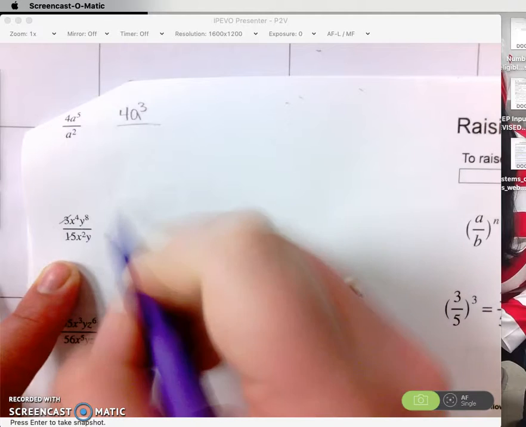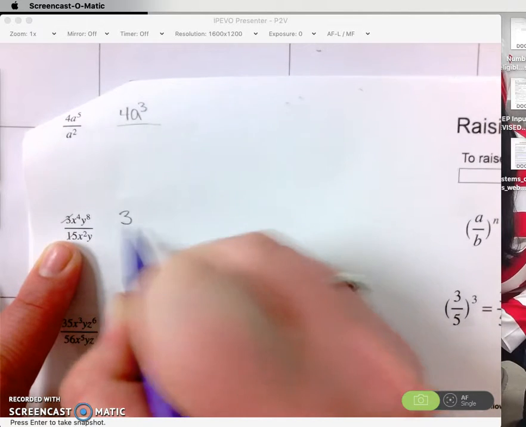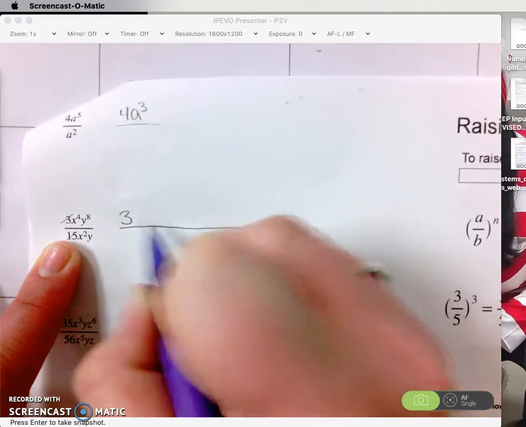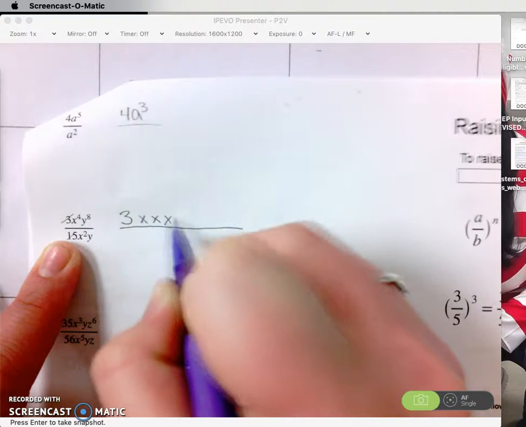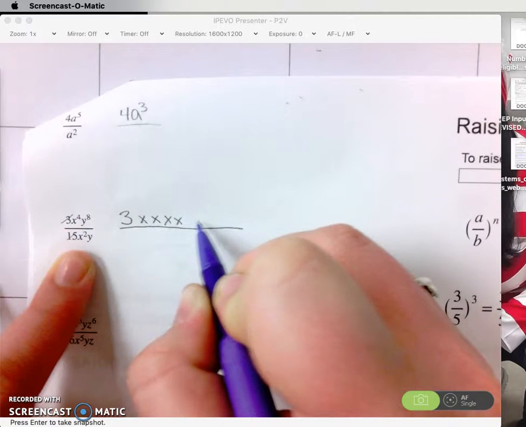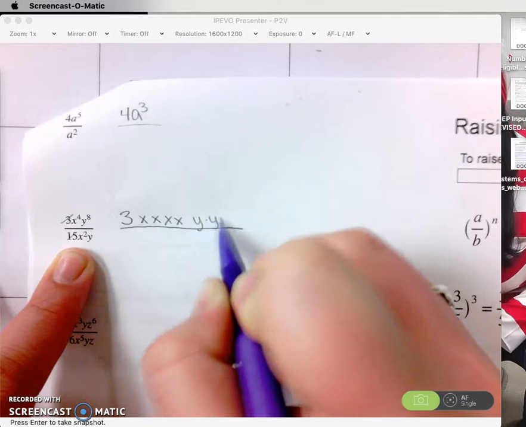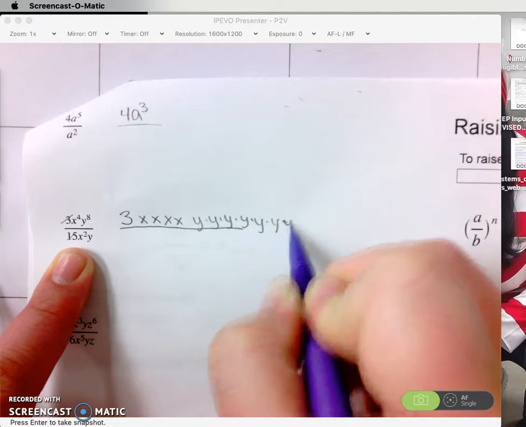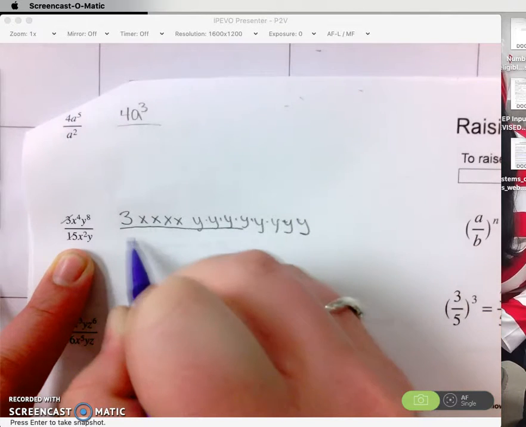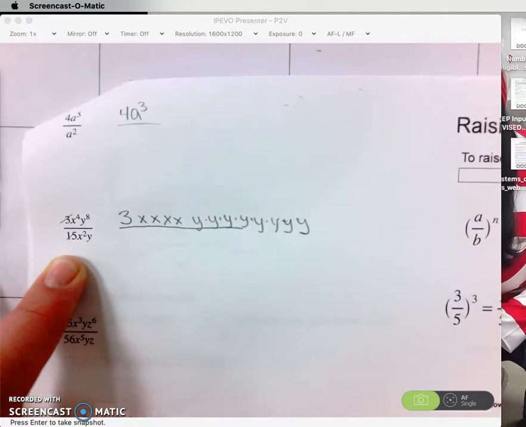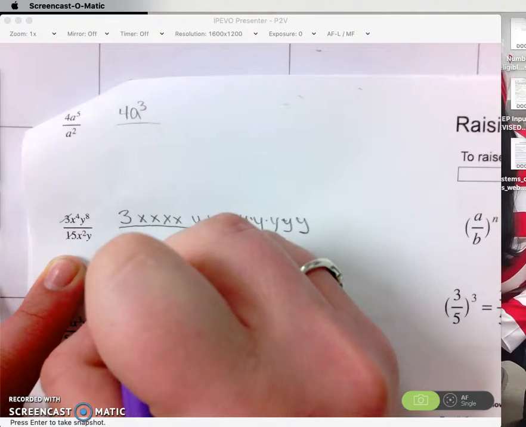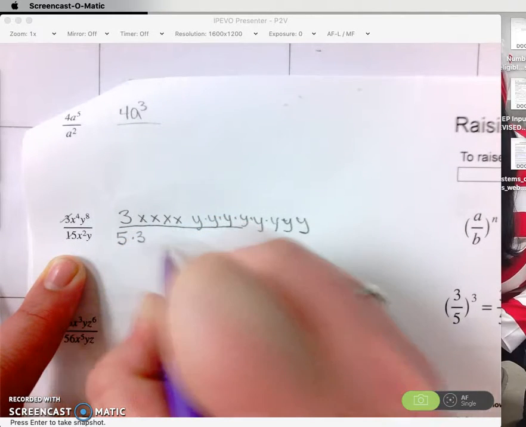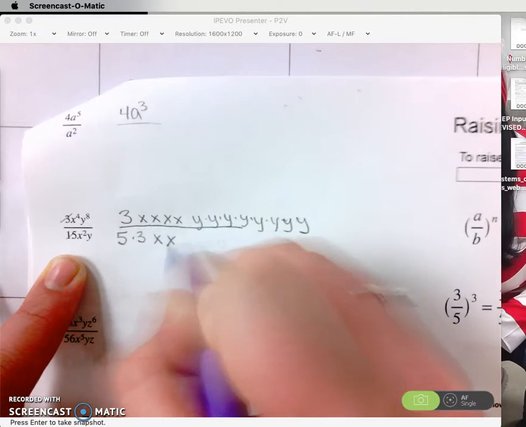So if I wanted to break this down, let's do one problem like that. And then, well, it's going to be a lot of y's. 2, 3, 4, 5, 6, 7, 8. And then 15. I want to simplify that down to 5 times 3, x, x, and y.